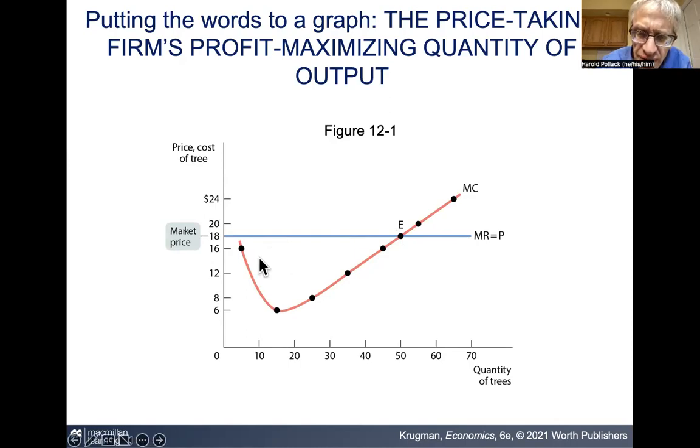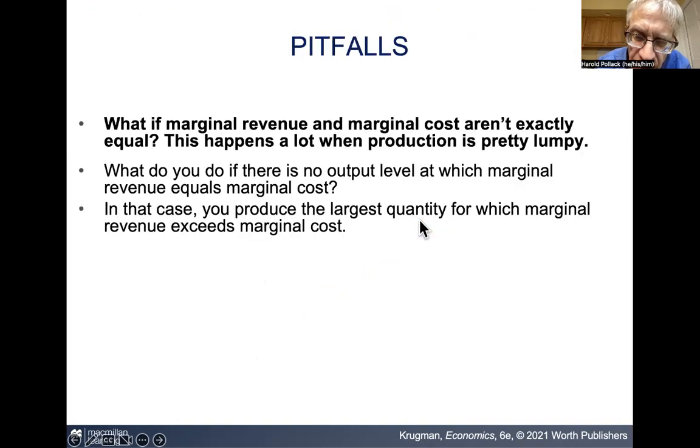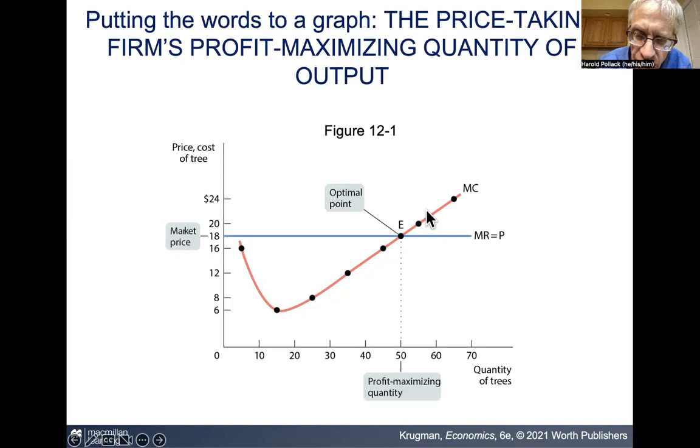If I'm to the left of E, I can produce more, and I'll make money on some more stuff because it still costs me less to produce these than I can sell this good for. But once I get to this point, should I increase my production more? No. Going from here to here, it's costing me more money to produce that last tree than I can actually sell it for. So I stop at this point.